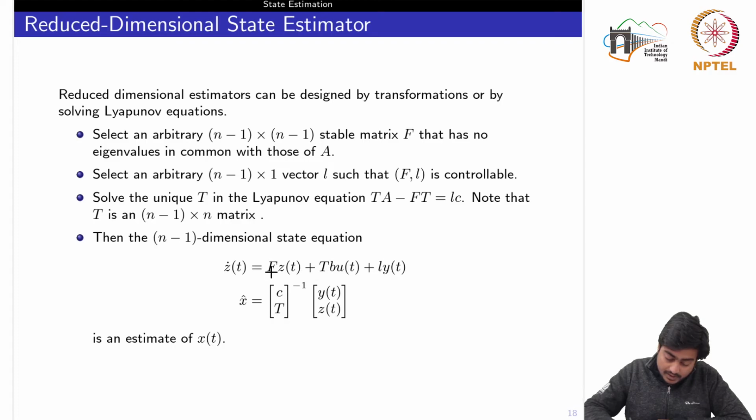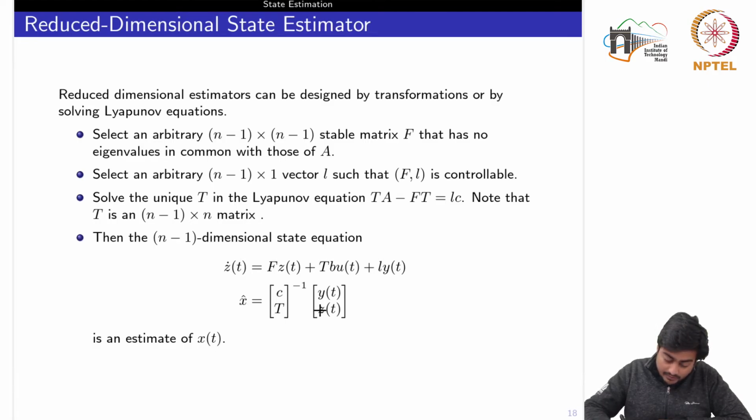It is just that the dimension of the associated matrices would change. And here x hat is given by the inverse of the matrix formed by concatenating the two matrices C and T, times the vector of y and z. So this x hat is an estimate of x.